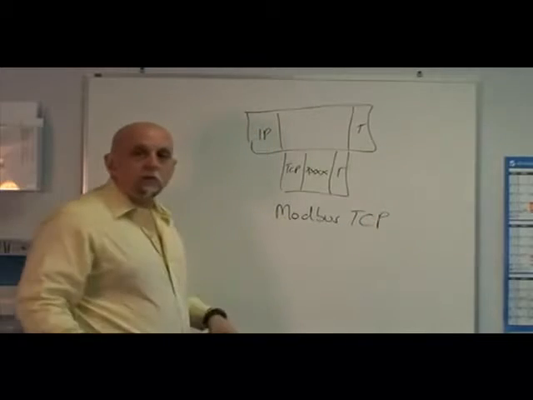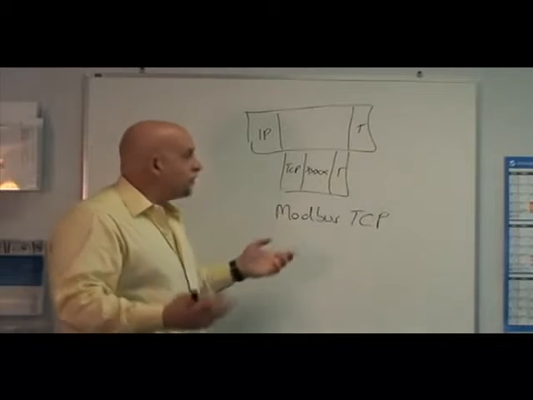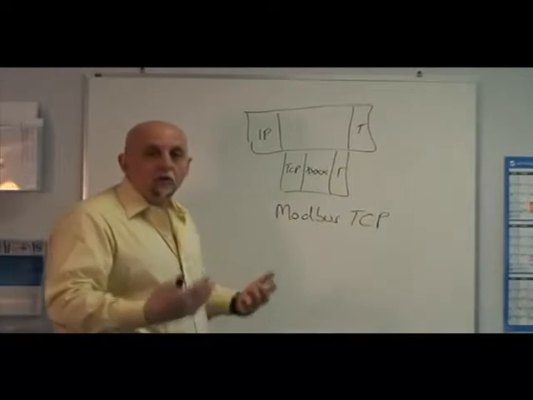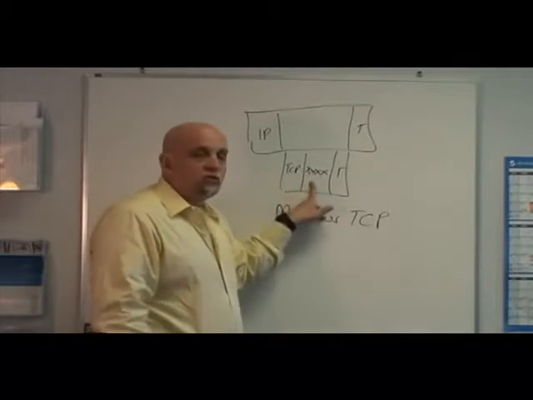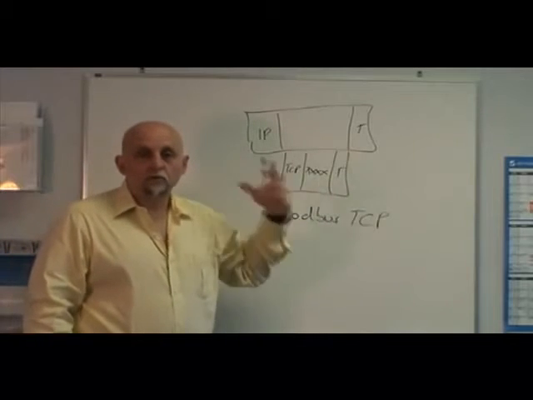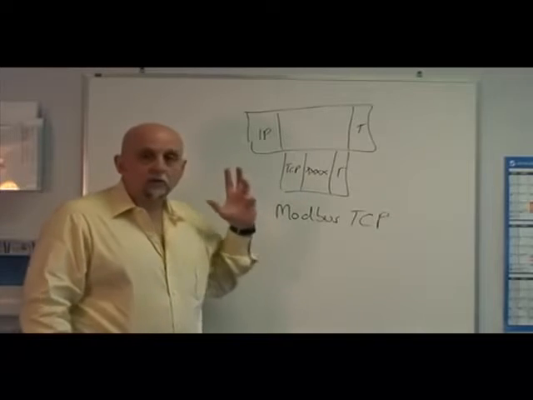So what Modbus TCP does is define the contents of that packet so that the receiver can open it up, look at it, and figure out what this message is. In Modbus TCP, this message could be, I want to get some data from you. I want you to send me some data. I want to start a process.